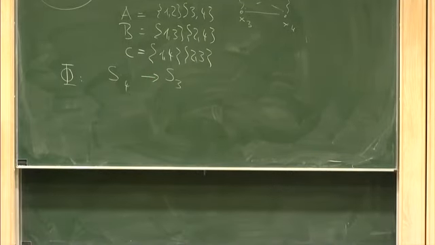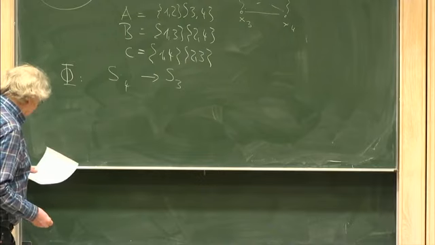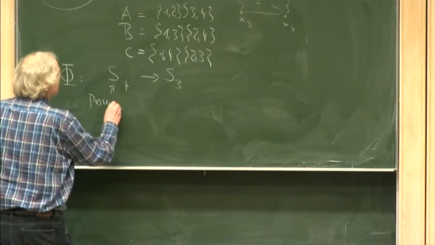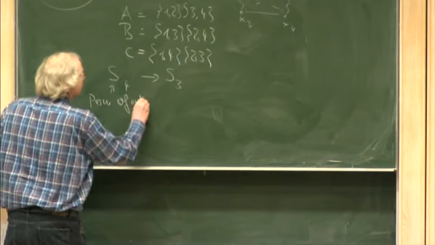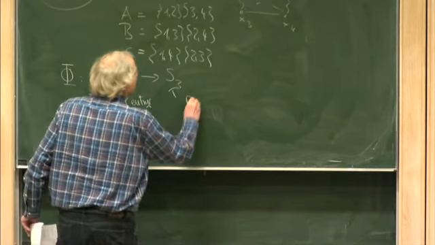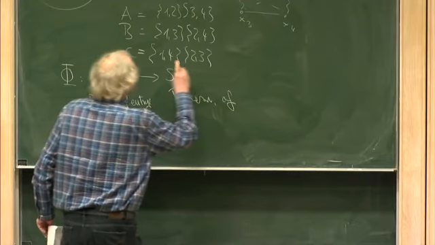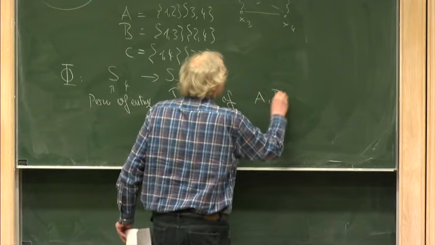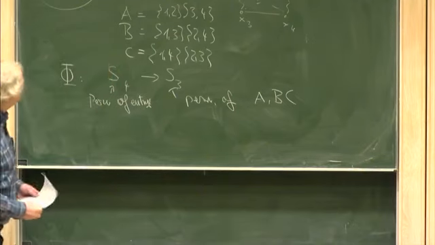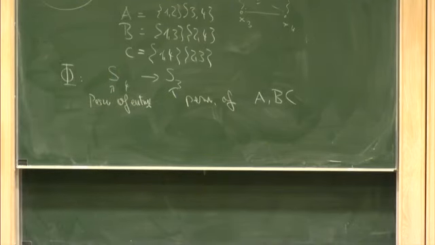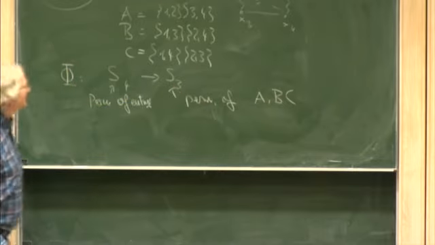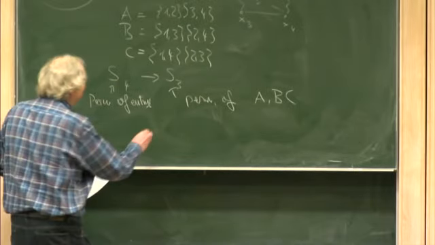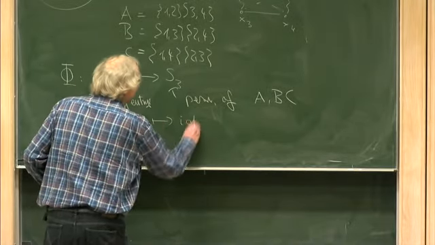Here are the permutations of entries, and these are the permutations of the cross pairings. So this group has 24 elements, this group just has 6 elements. So you can of course easily write down the homomorphism.